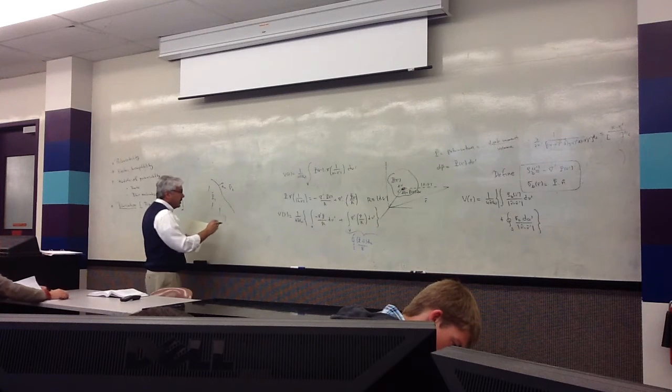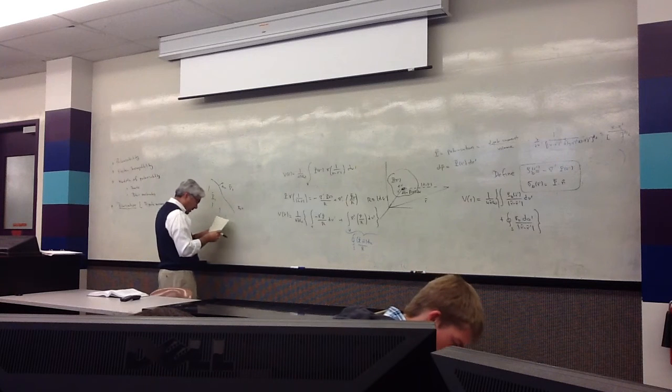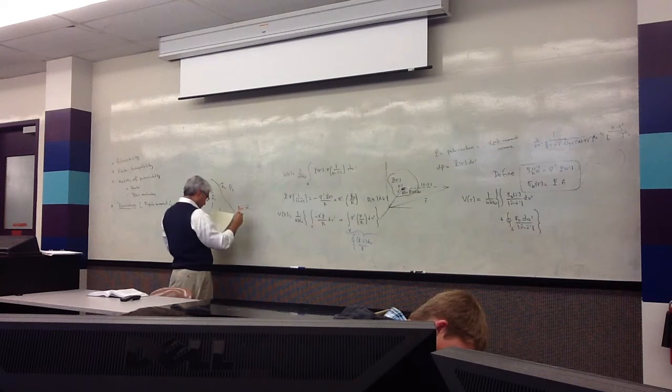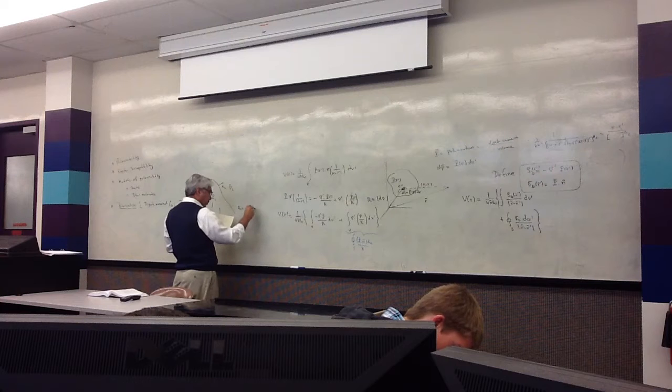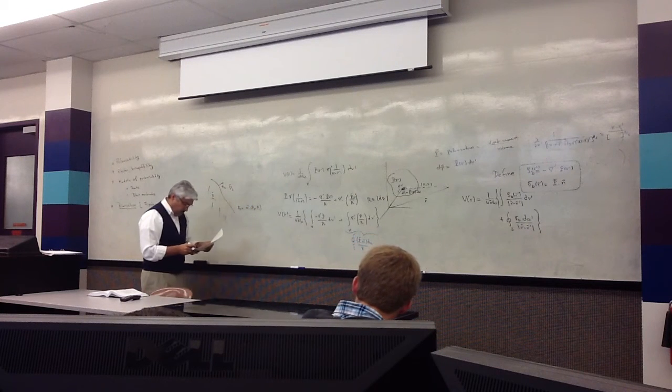So in this case, I'm going to have a sigma bound, which is equal to the normal dotted into P2 minus P1, all right?